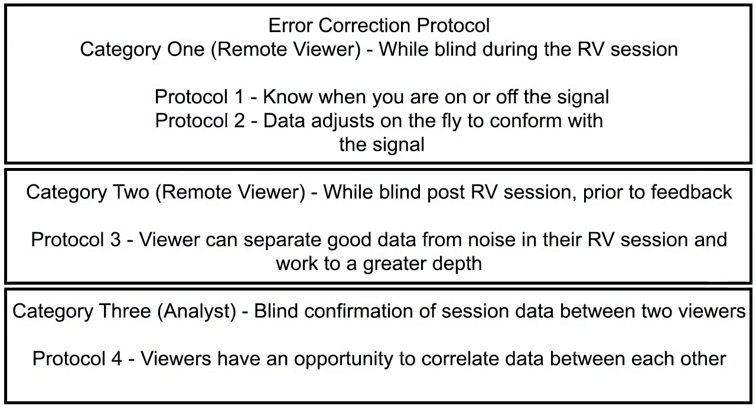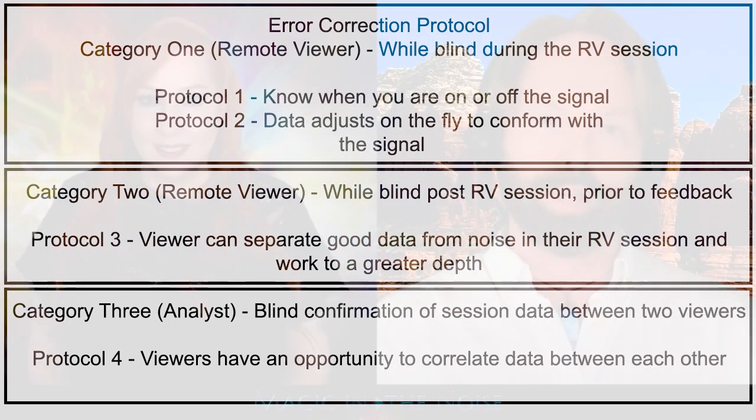That's one category. The other category is if you want to, as an individual, prior to feedback, you've run your whole session, your session's done, you're ready to turn it in. You can still turn it in, but it just has to be done before feedback. You can go and review your work and identify areas where you have a higher level of contact.